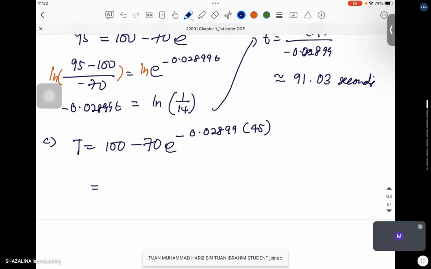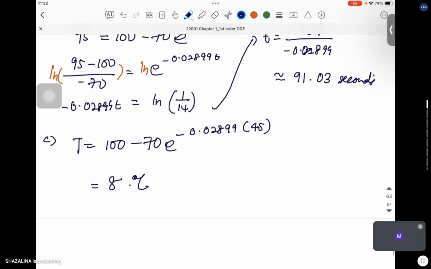Cuba tolong. Saya dapat 81. Degree Celsius. Sama tak?